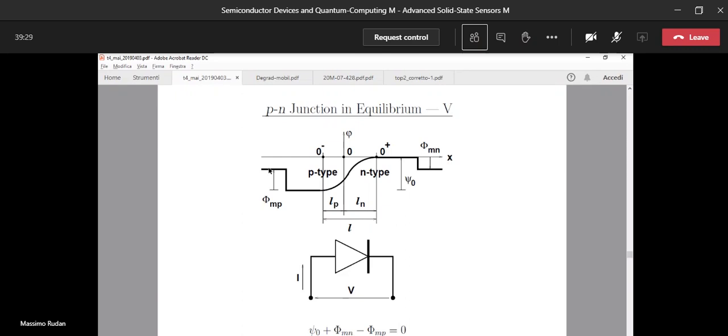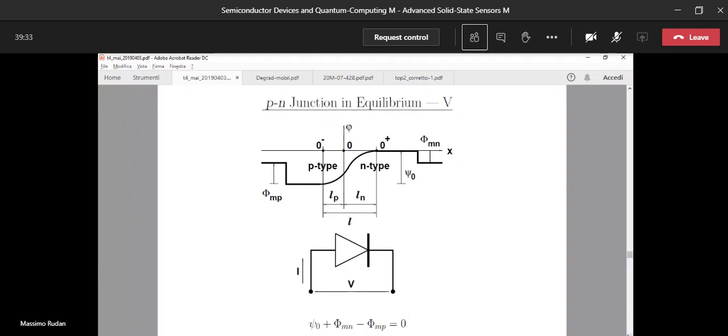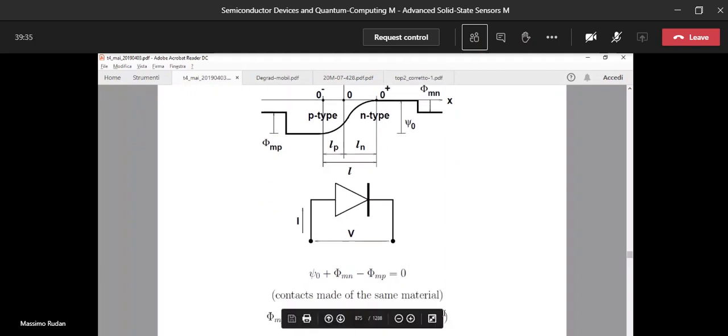Okay, and the formula is below. You go down by phi MP. Going down means that you go opposite to the arrow that defines phi MP.